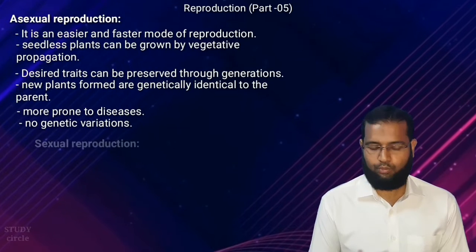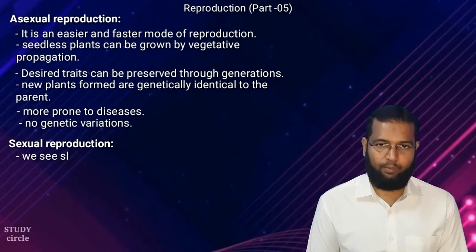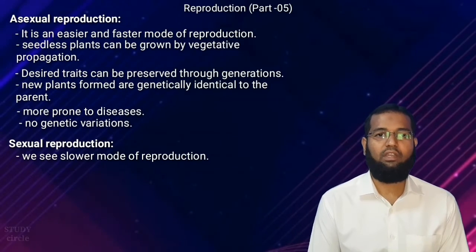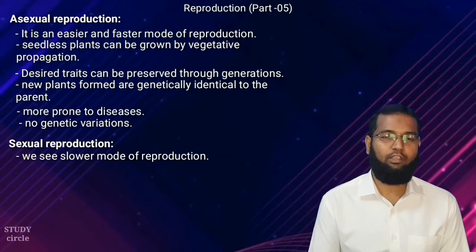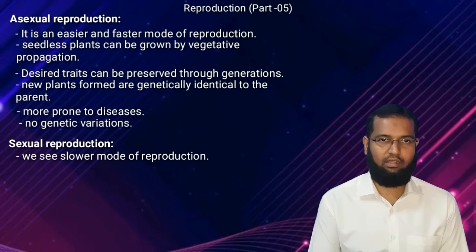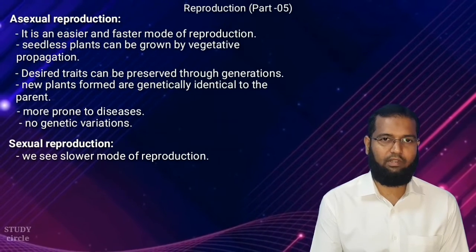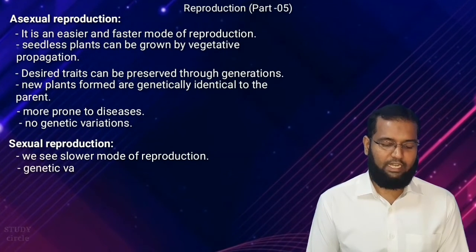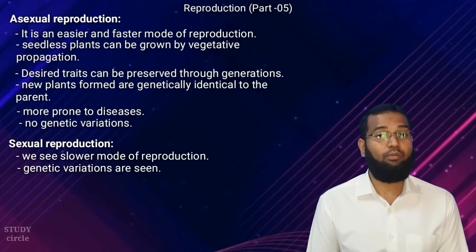When it comes to sexual reproduction, it is a slower mode of reproduction. When compared to asexual reproduction, which gives rise to hundreds in number, sexual reproduction is totally different. Genetic variations are seen, and new traits you will see.